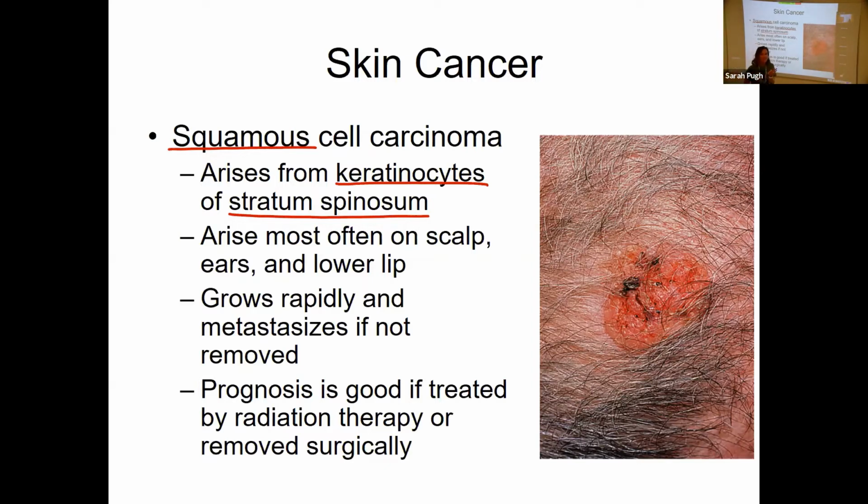These are all places where you get a lot of direct UV rays, also places that a lot of times you forget to put sunscreen on. This one grows faster than basal cell, and it will metastasize if it is not removed. And the prognosis is good if you remove it surgically and then a lot of times treat it using radiation.